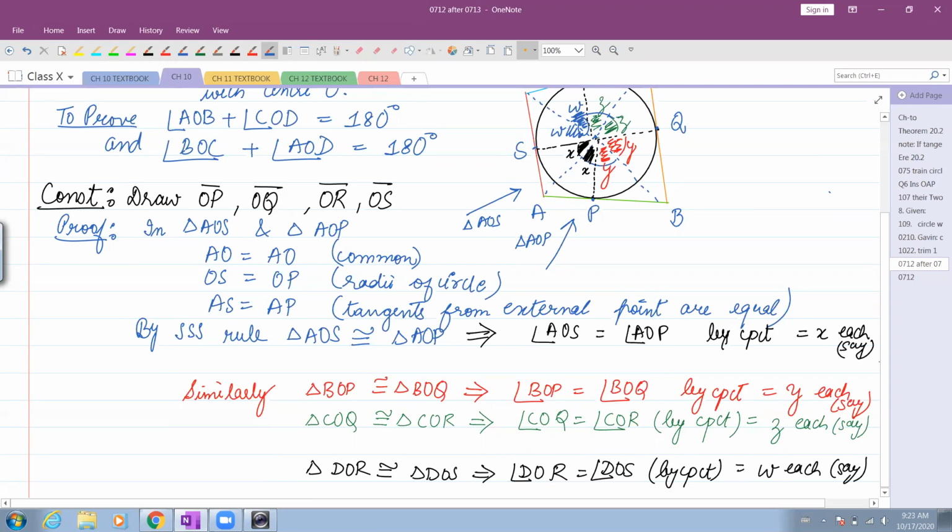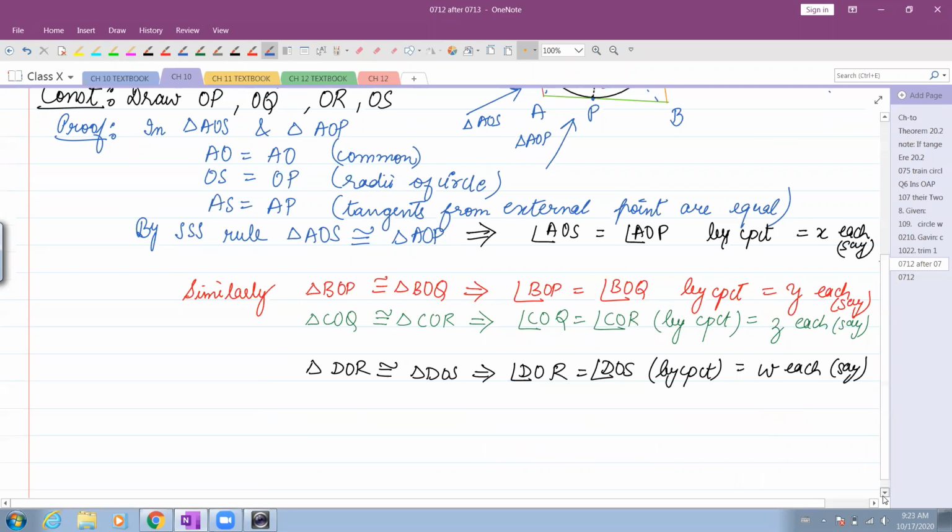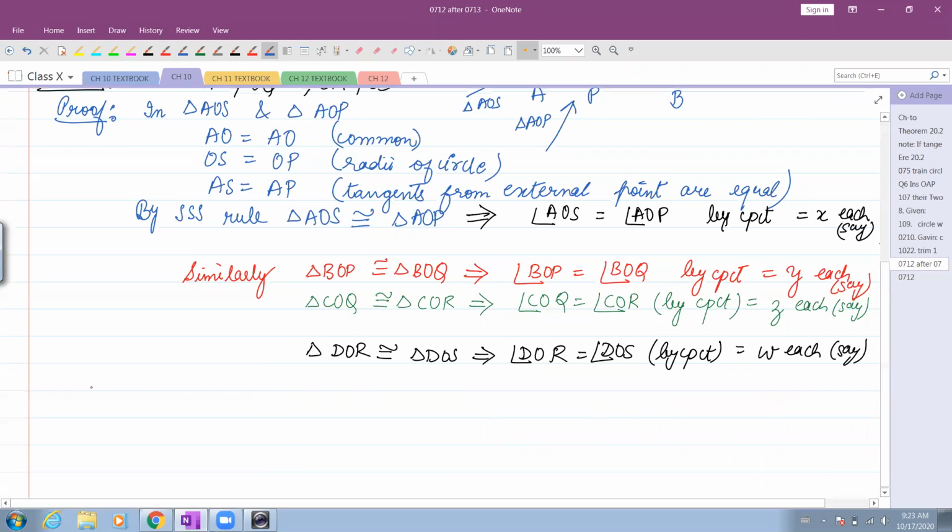What would be the sum of all these? 360. That's correct. Angle at a point is 360 degrees. The sum of all these angles will be 360.